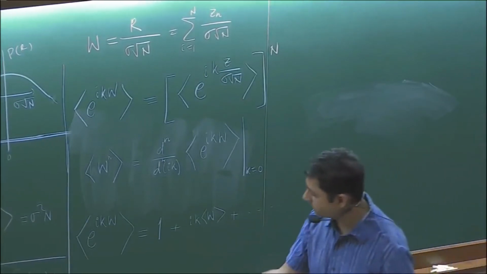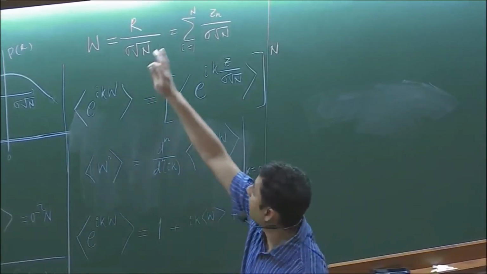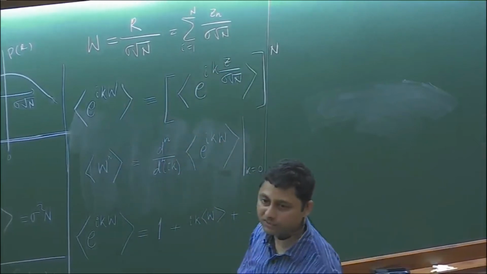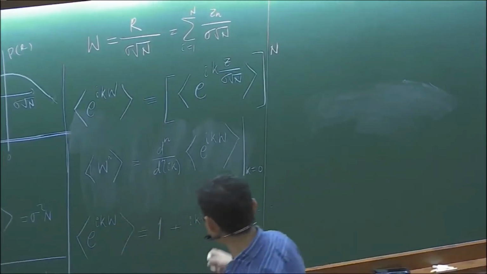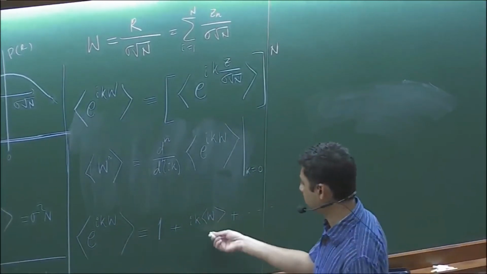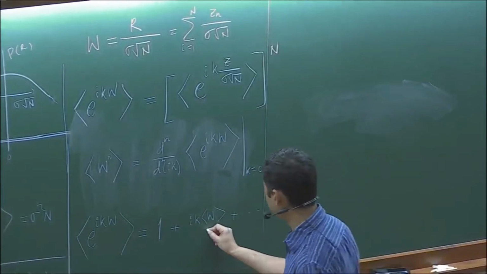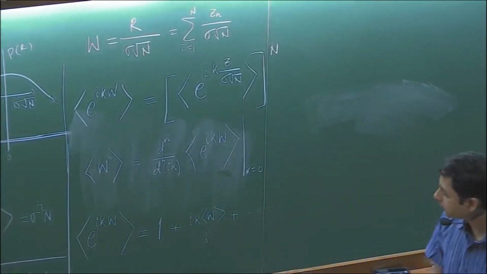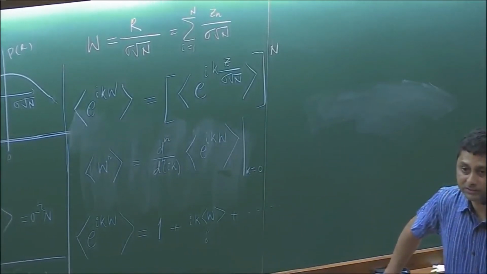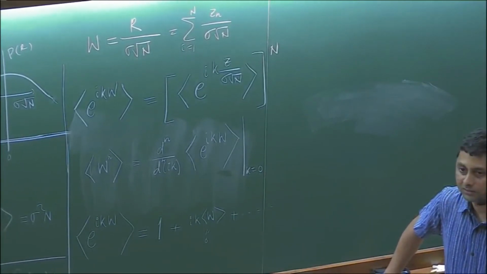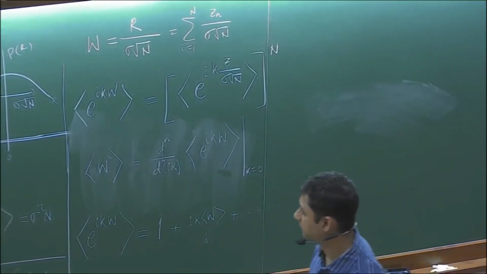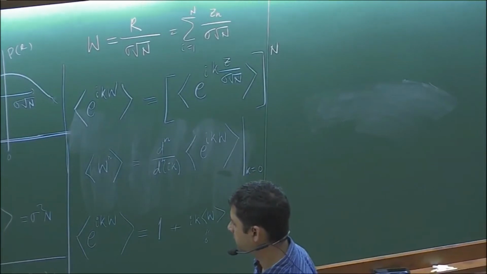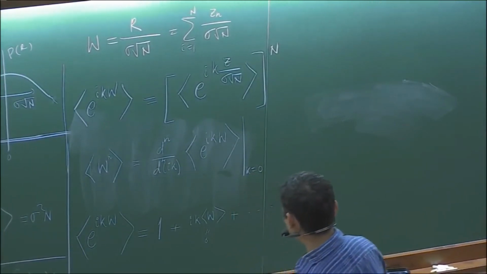Now if the second moment exists, in our case the mean is 0 by construction, but if instead of w I had looked at some s or something, then this term would have been there. Now suppose the second moment exists. How do you get the second moment? By differentiating twice.